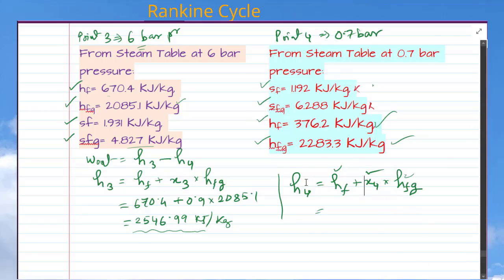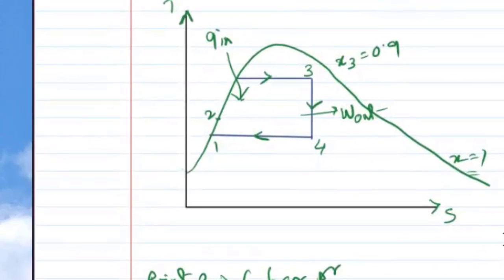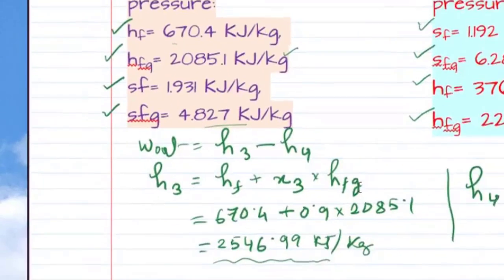If we look at the T-S diagram, we can see that process 3-4 is an isentropic process, and therefore S3 is equal to S4. That means the entropy at point 3 is equal to the entropy at point 4.